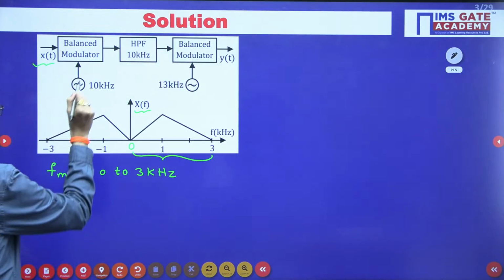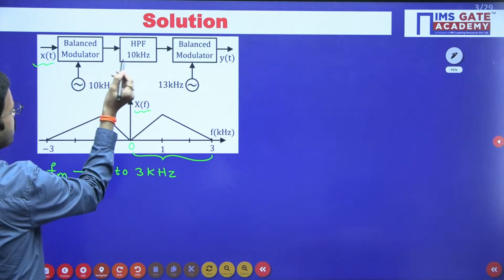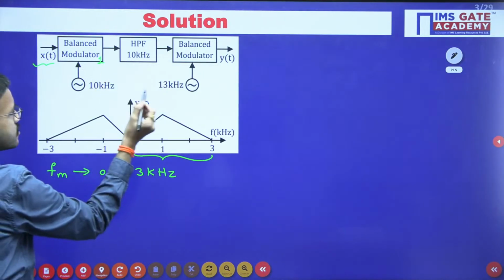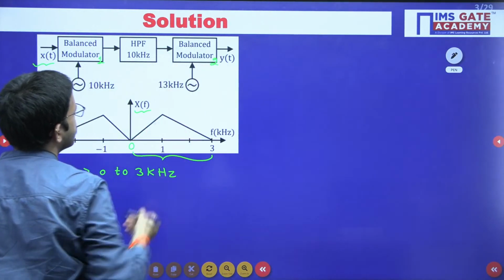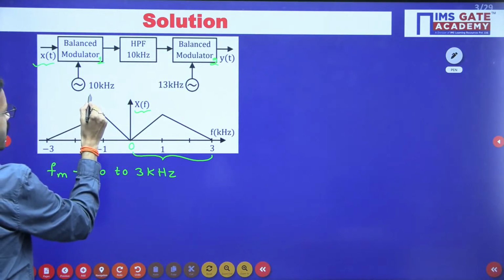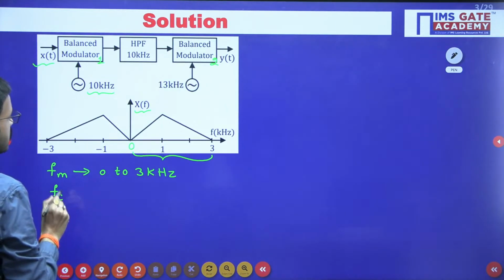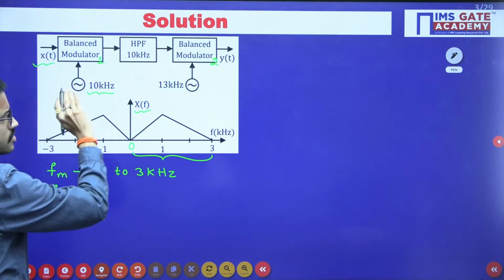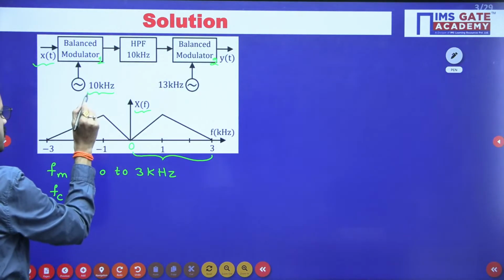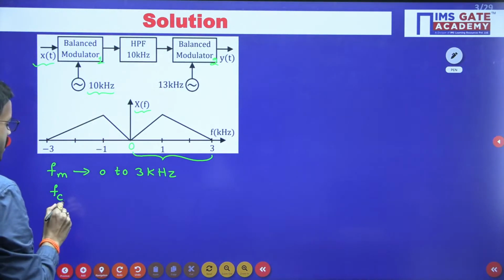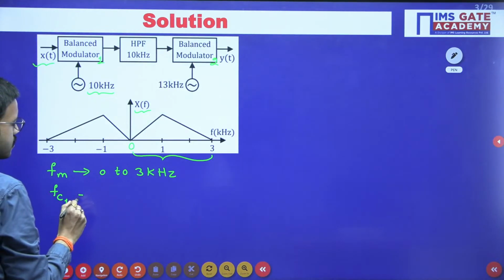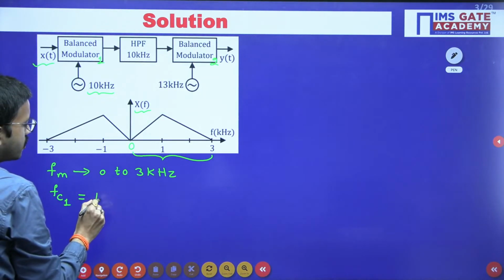Now here you have two balanced modulators. For the timing I will label this one as 1, this one as 2, and here you have 10 kilohertz. For the first modulator, I will label this carrier frequency as FC1, 10 kilohertz.